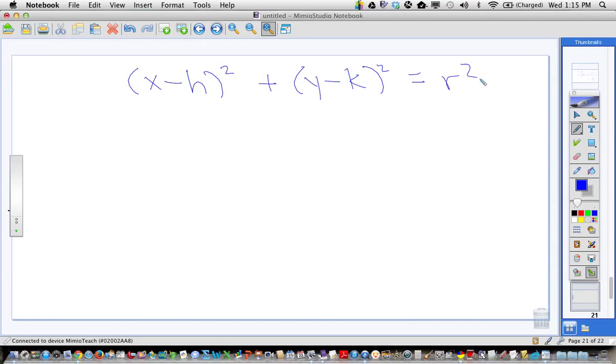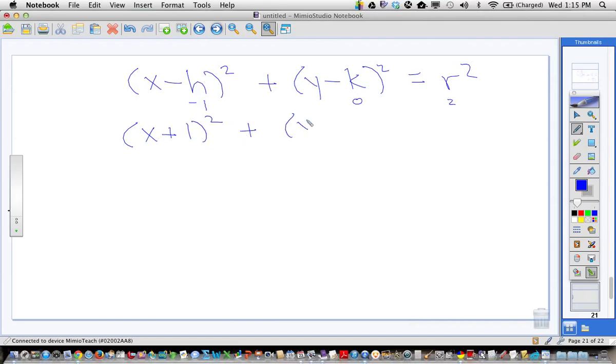And R, of course, is the radius. So in that picture, where is the center? -1. Yes. -1, 0. And the radius? 2. So we would have x plus 1 quantity squared.